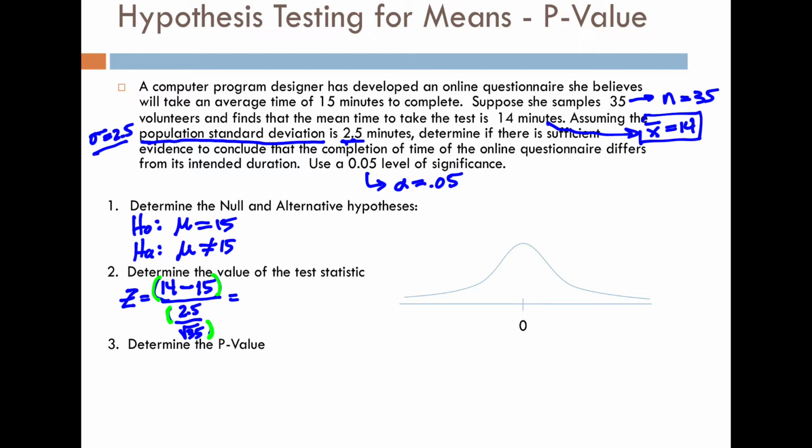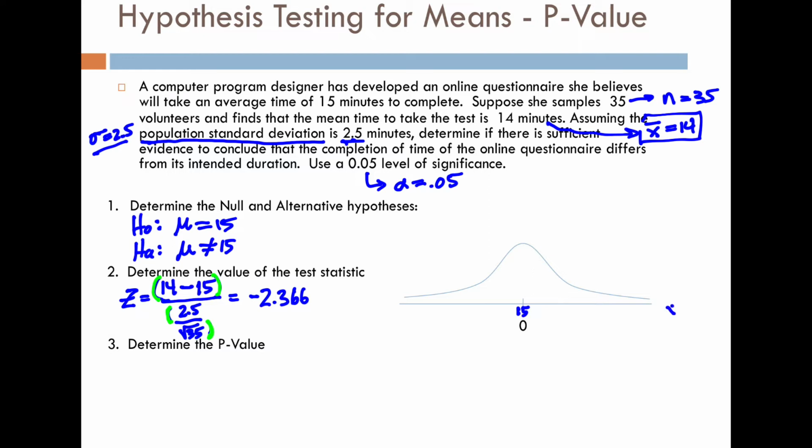So plugging those into our calculator, we get -2.366. So this value that I got is more than 2 standard deviations to the left. Let's visualize this for a minute. So coming over here to my normal curve, the 15 is really at the heart of this problem.